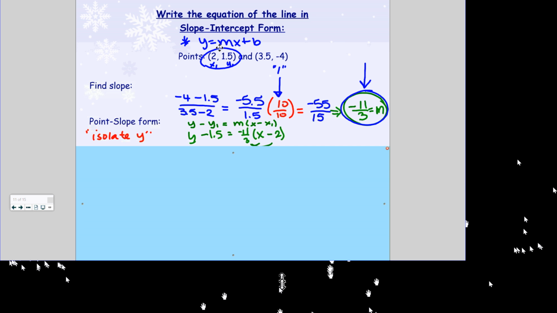A denominator of 3 implies a repeating decimal. So because 11/3 repeats as a decimal, it is impossible to write that value on the paper as a repeating decimal going on forever. So that one actually needs to stay as a fraction, which means -1.5 we will need to convert to a fraction. We can't use decimals in this scenario.